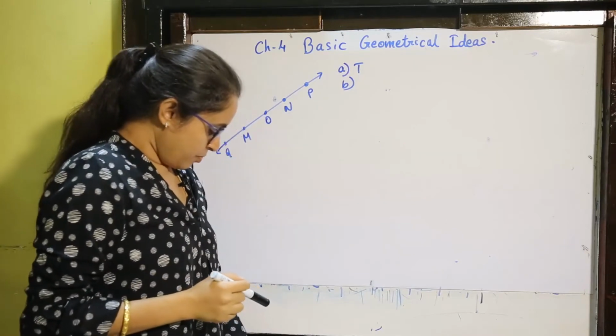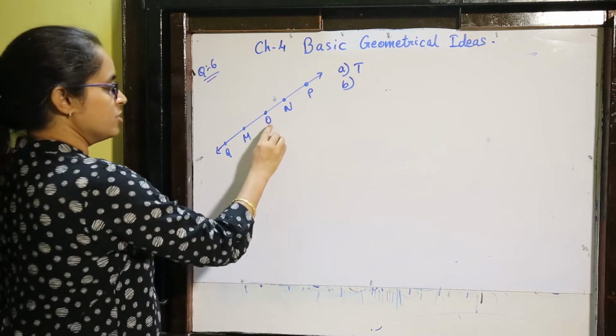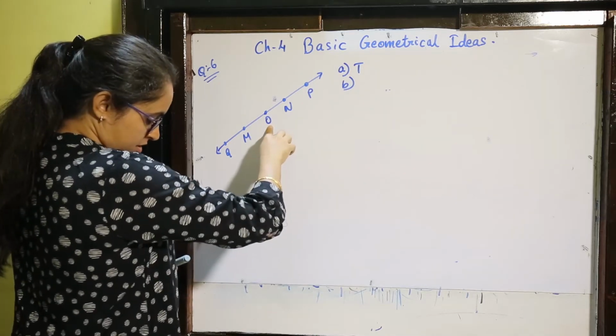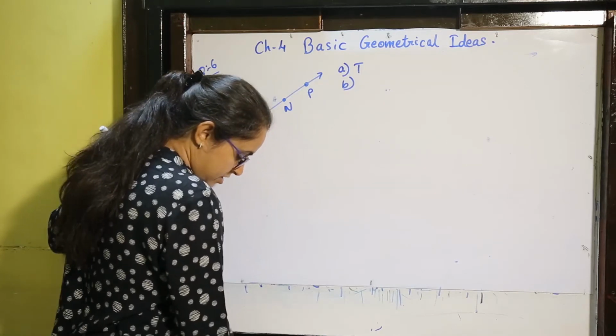Next statement: points M, O and N are points on line MN. Sorry, it is a segment, I am so sorry.